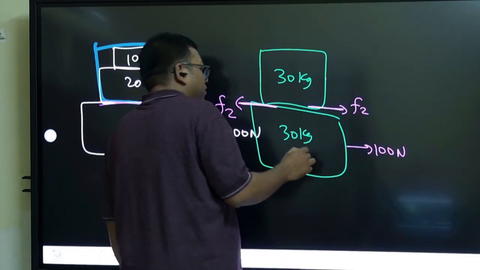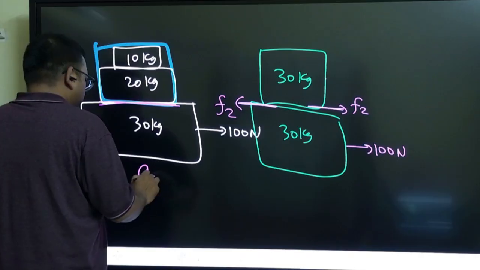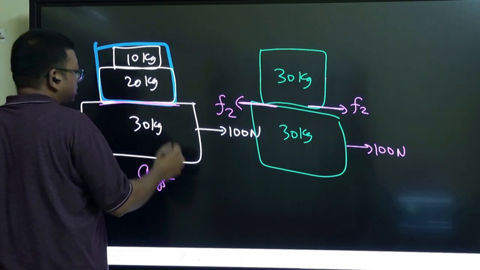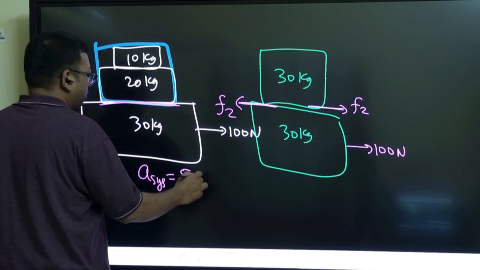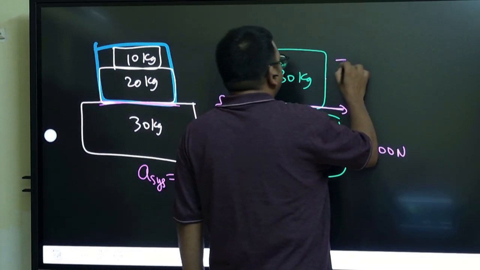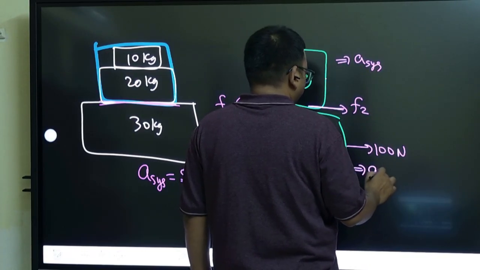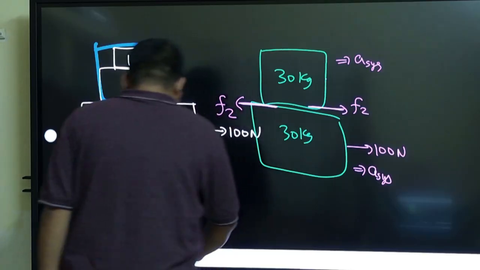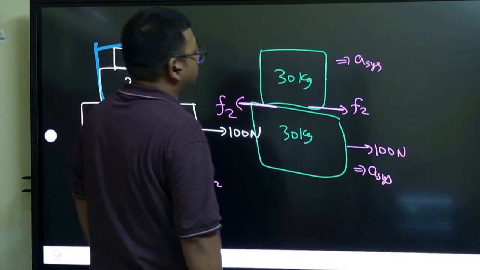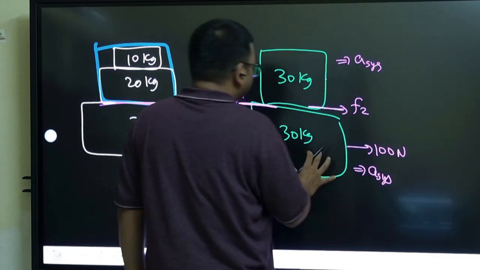Okay, so first of all, calculate the system acceleration. System acceleration will be the same because total force is the same and total mass is the same, so it is going to be 5 by 3. Now assume that both of them move together with the system acceleration. System acceleration we already know, so we study the free body diagram.